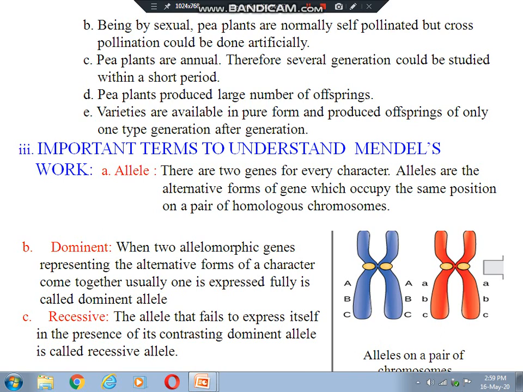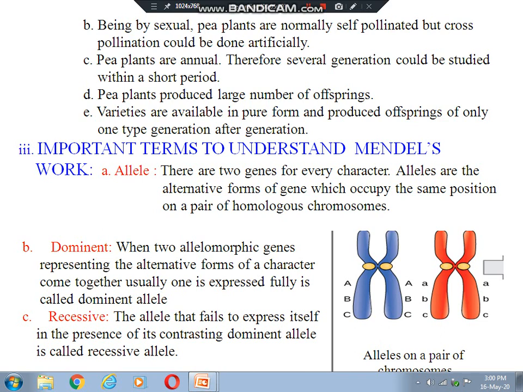Always the dominant allele, or the dominant character, will be expressed, and the recessive character will not be expressed. The character which will be expressed is called the dominant character or dominant allele, and the allele which will not be expressed is called the recessive allele. So go through the definition given here.